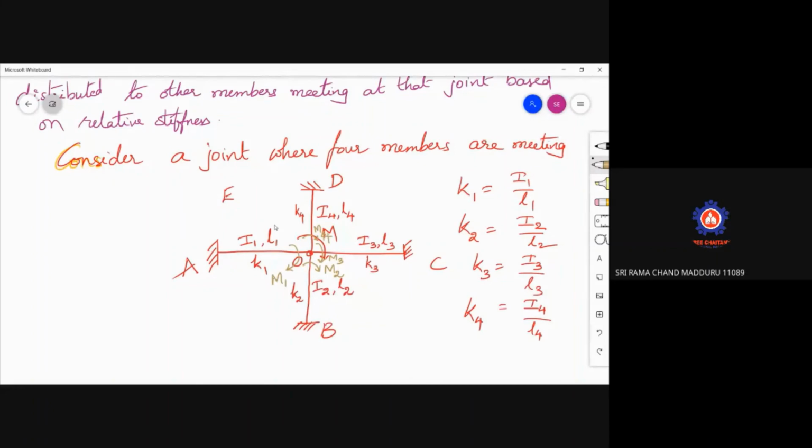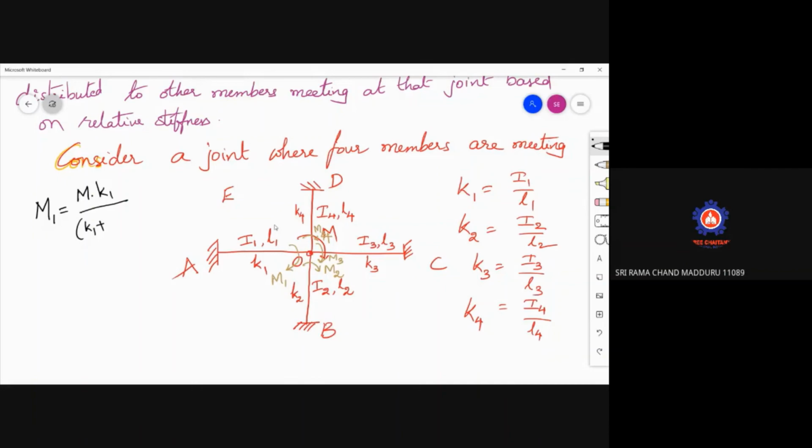I think this is not clear, the color might not be clear. Okay, we'll change the color. So this is M1. According to that derivation, whatever we have done for the theorem, M1 is equal to moment into the relative stiffness of the member to the summation of the relative stiffness at the joint.